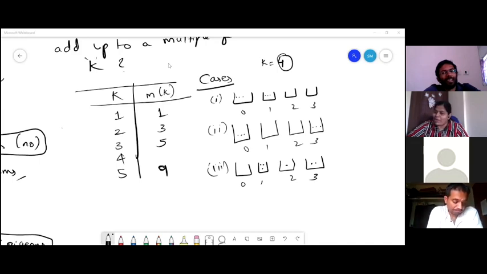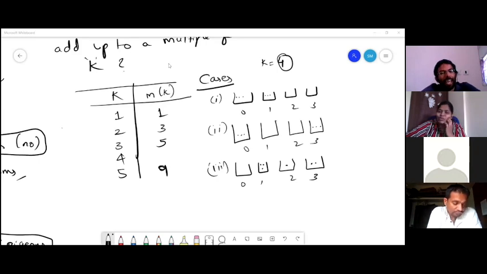I suspected 7 might work out because 7 usually has this, but even there it's not working out, because 6 plus 1 will be 7, 5 plus 2 will be 7, 3 plus 4 will be 7. All of them are in pairs. So the bigger the number, the more the combinations possible, so more complications.